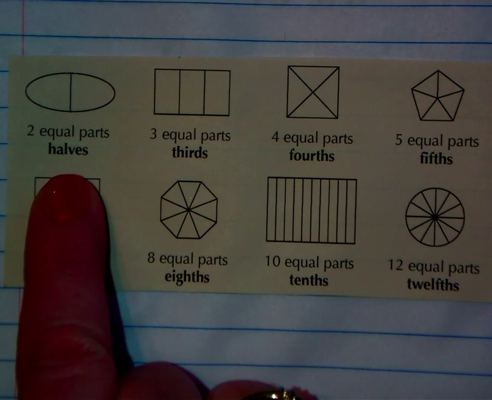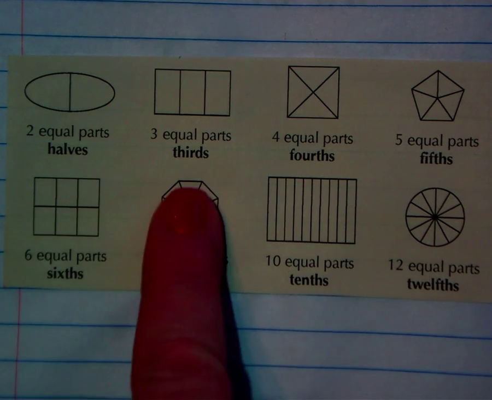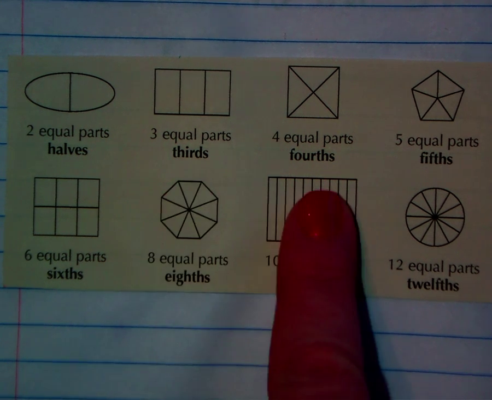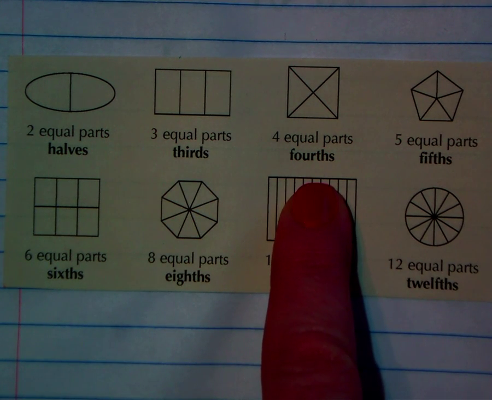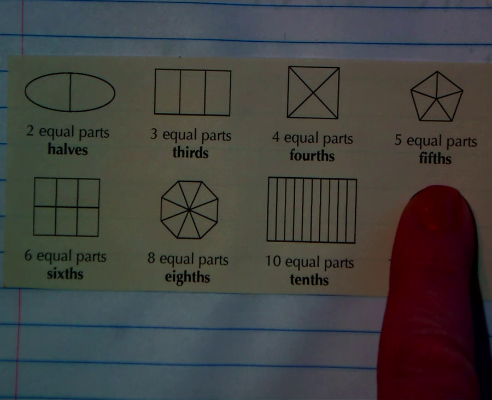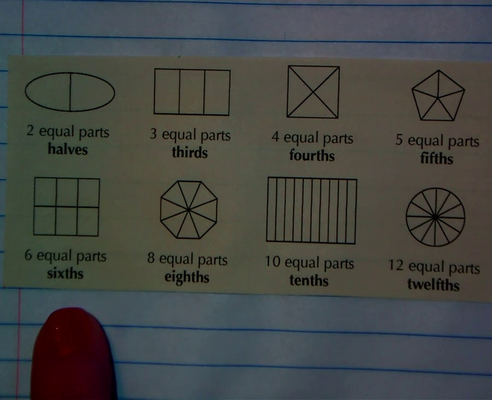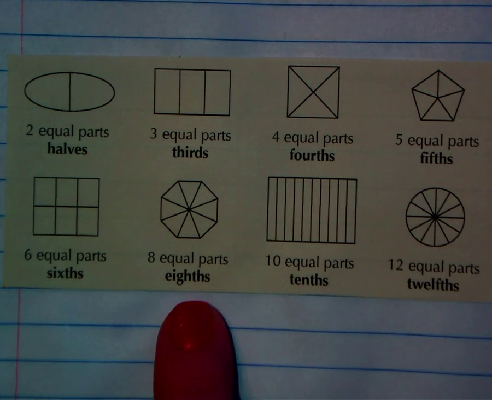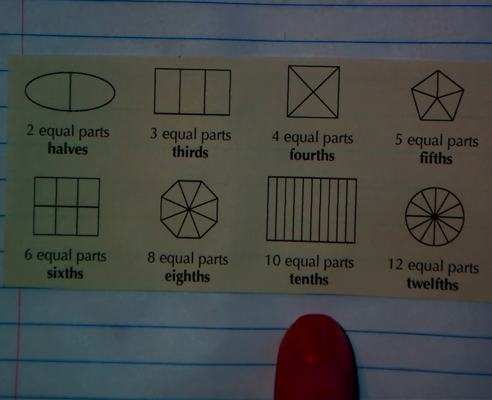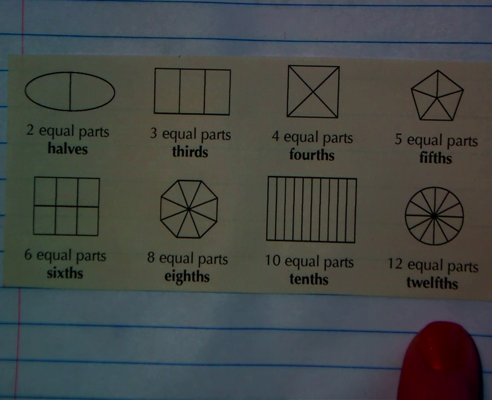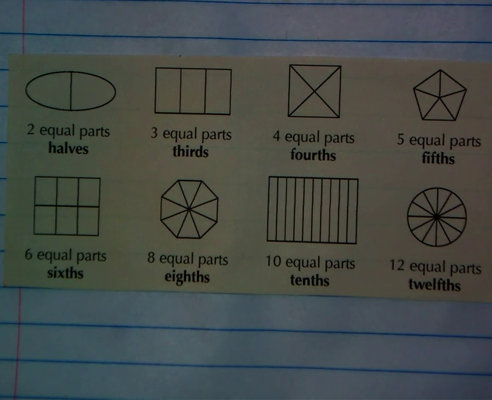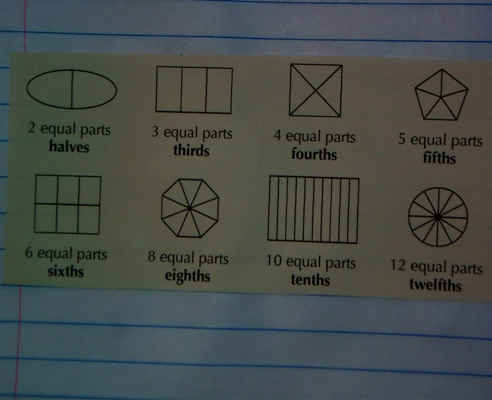We call 2 equal parts halves, 3 equal parts thirds, 4 equal parts fourths, 5 equal parts fifths, 6 equal parts sixths, 8 equal parts eighths, 10 equal parts tenths, and 12 equal parts twelfths. Why don't you talk for a minute with your math partner about what you're observing on this diagram.